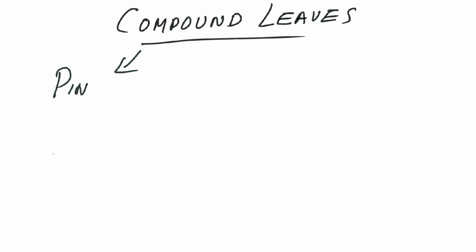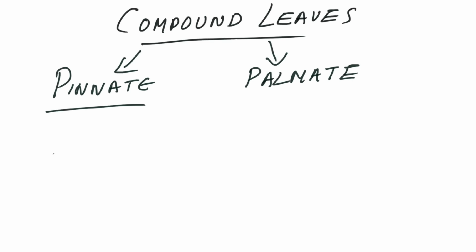Now, going on to the key important subdivision under compound leaves, it's divided into two: pinnate and palmate. And we'll begin with a detailed look at what pinnate compound leaves mean.